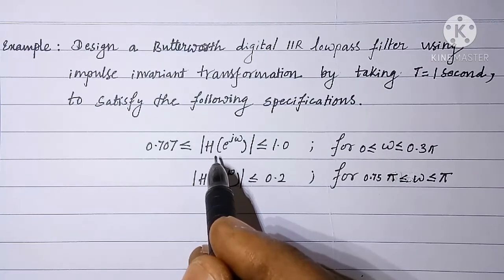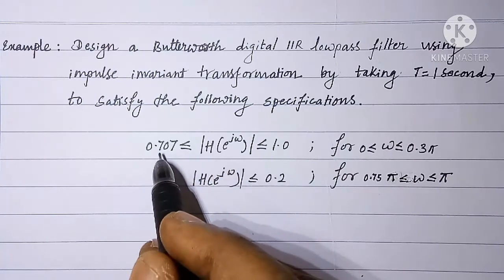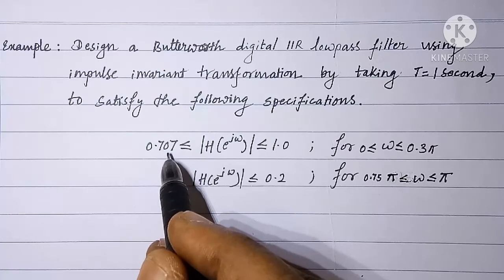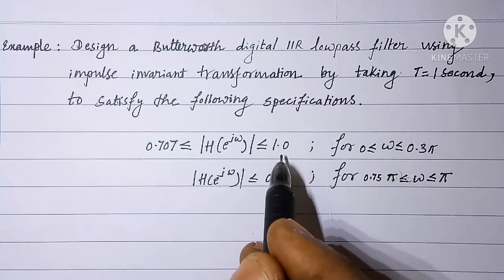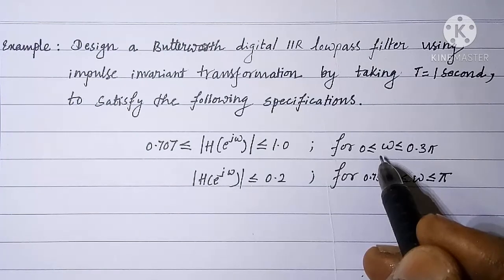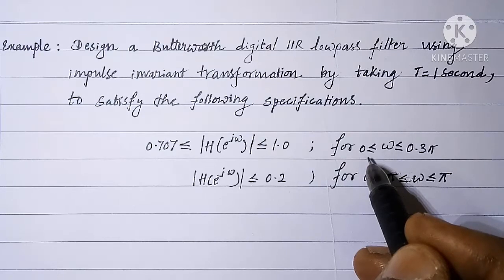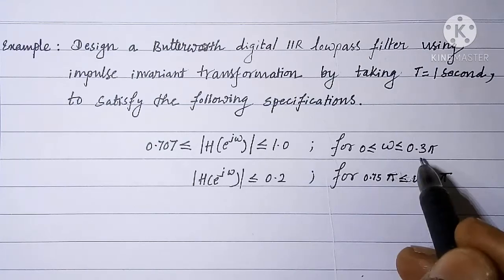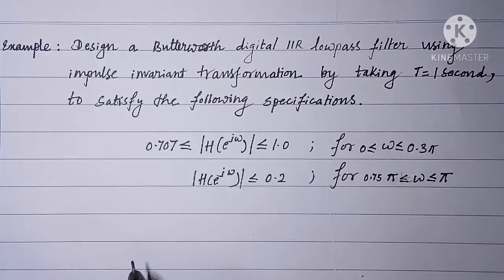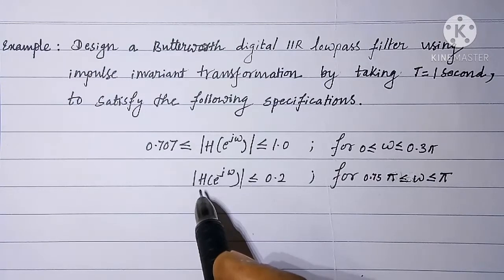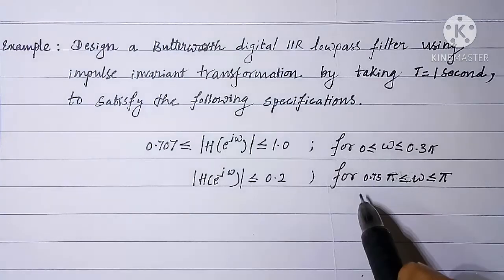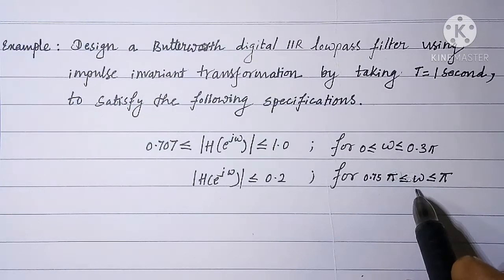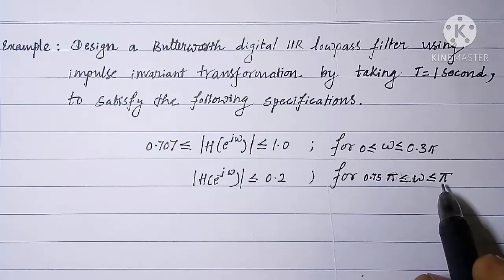Gain in normal value is greater than or equal to 0.707 and less than or equal to 1.0 for a passband having bandwidth of 0 to 0.3 pi, and gain in normal value is less than or equal to 0.2 for stop band between 0.75 pi to pi.